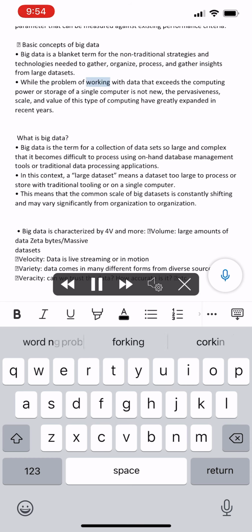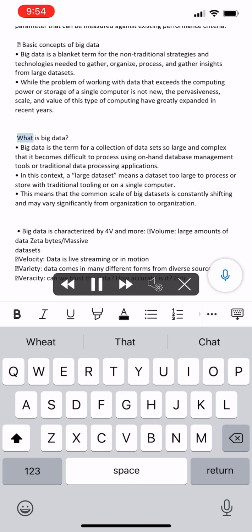While the problem of working with data that exceeds the computing power or storage of a single computer is not new, the pervasiveness, scale, and value of this type of computing have greatly expanded in recent years. What is big data?